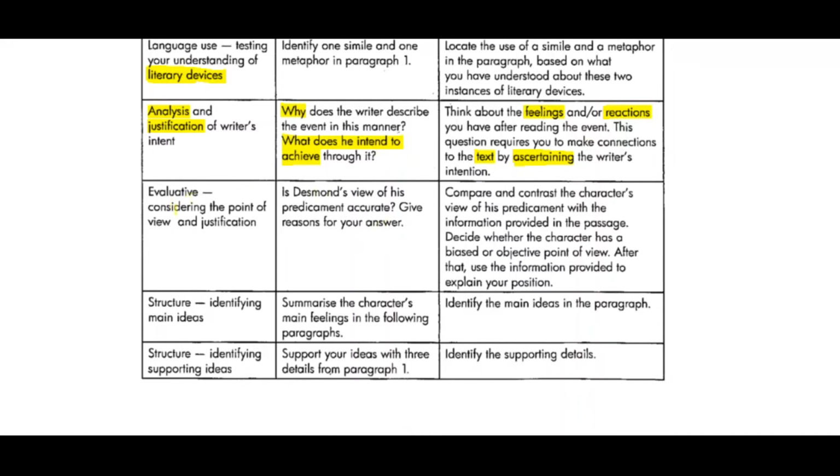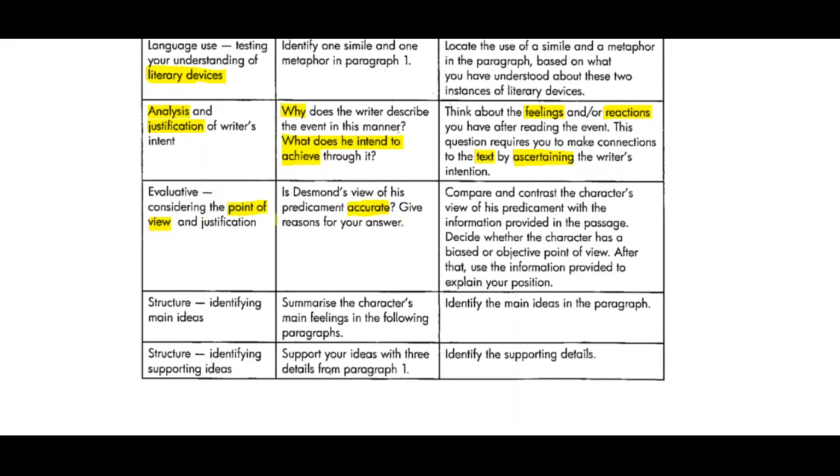Next would be an evaluative type of question, which is point of view. You are talking about what is the point of view of the writer, and you are evaluating his point of view, saying whether it is right or wrong, and why.